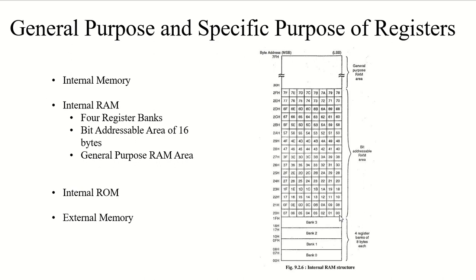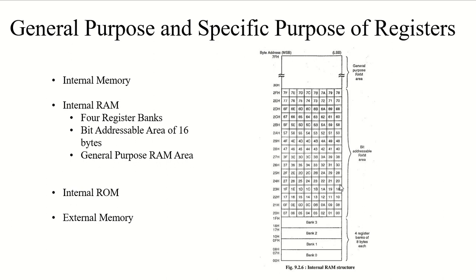See, it starts from the bottom right hand side, from 00, then 01, 02, 03, 4, 5, 6, 7. So this is 8 bits. After that we have the remaining 8 bits: 8, 9, 10. Instead of 10 we write A, because this is the hexadecimal numbering system. So A, B, C, D, E, F. After F we start from 10, 11, 12 till 17, then 18, 19, 1A, and go till 1F.